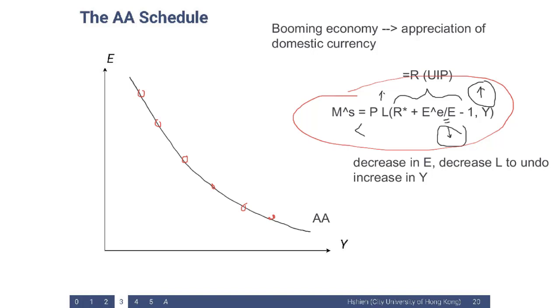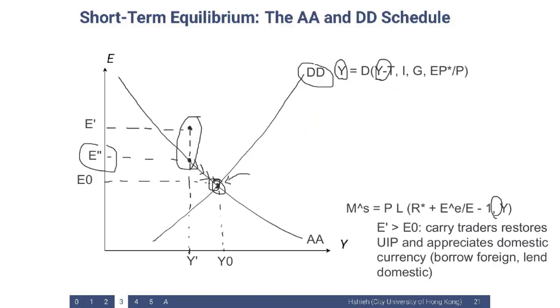Okay, so let's combine the two. This is AA. This is DD. And let's get into the habit of writing the equilibrium equations for both schedules. That's what the AA schedule represents.